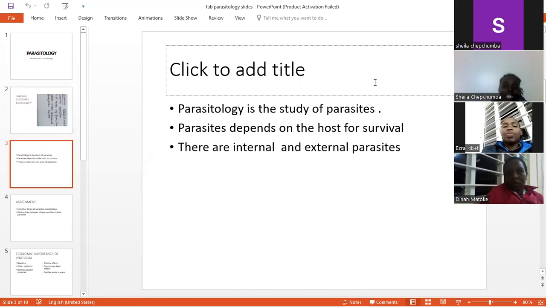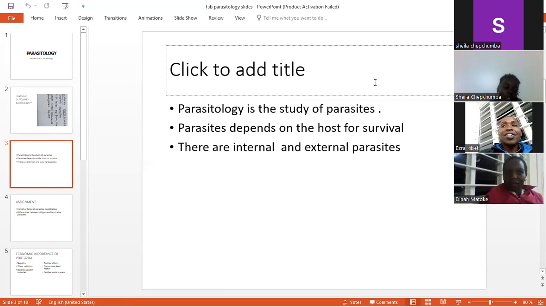Yes, I can see a hand is raised. Yes, I want to ask a question. Proceed. When you are talking about parasites, we know that we have the classification, we have animals and plants. Those are the two broad. Can we have parasites in animals? Yes, we have parasites that affect both plants and animals.